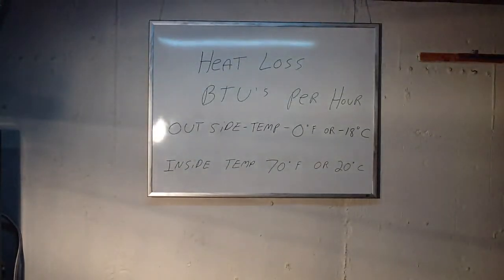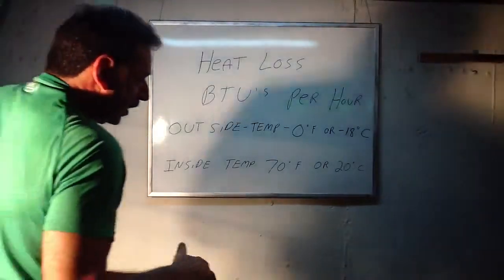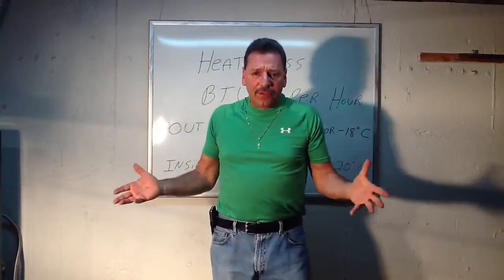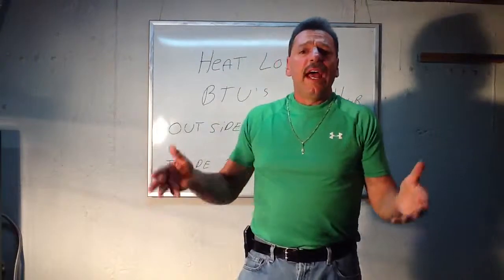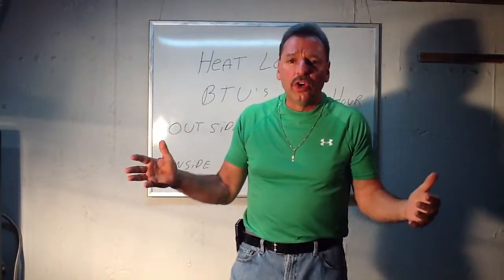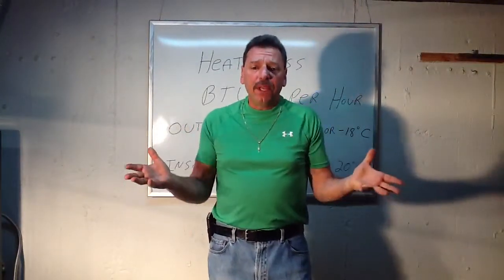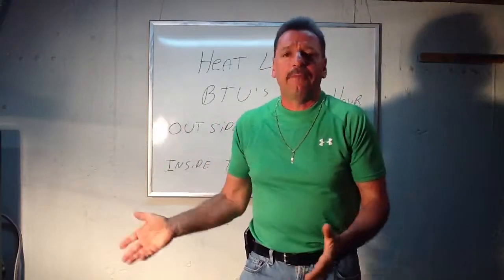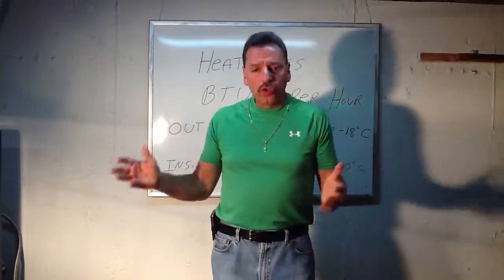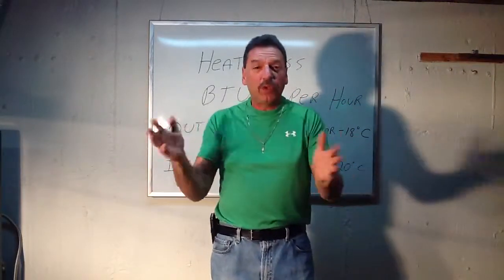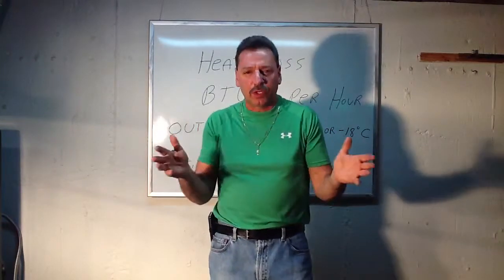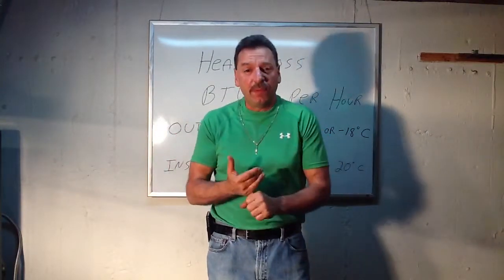I'll put you back. So real quickly, if you came up with the number of 3,000, which is normal, and you had a 100 square foot room, you would need 30 BTUs per square foot to make up for that 3,000. Most rooms, when you do radiant heat, vary between 20 and 30 BTUs per square foot. How do you adjust the BTUs?